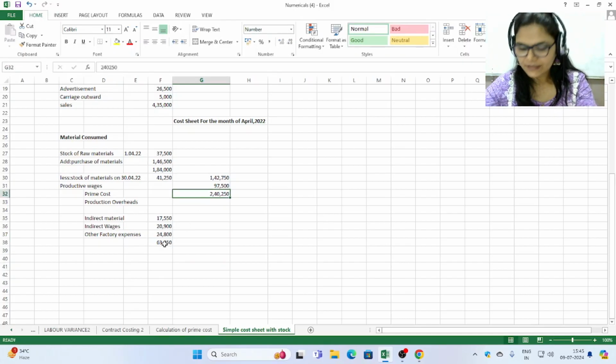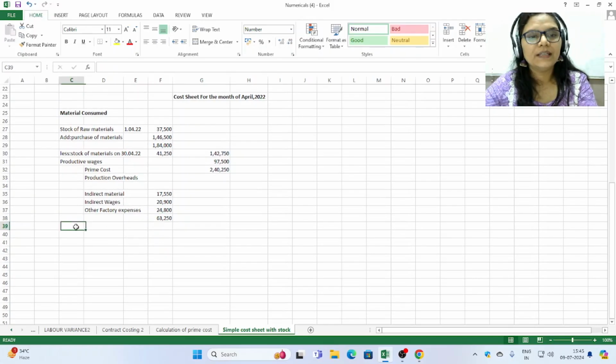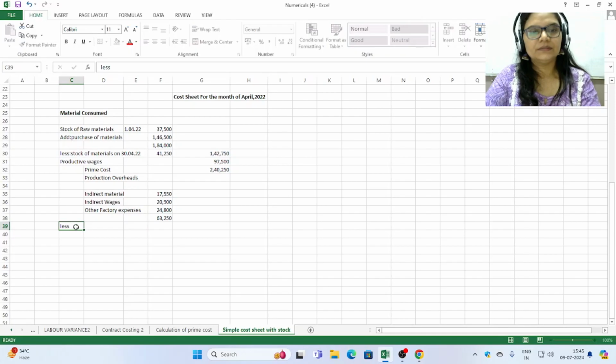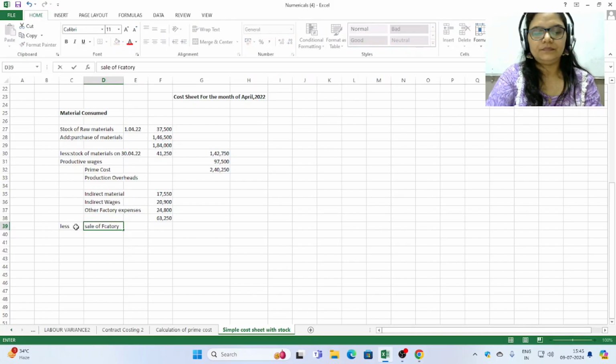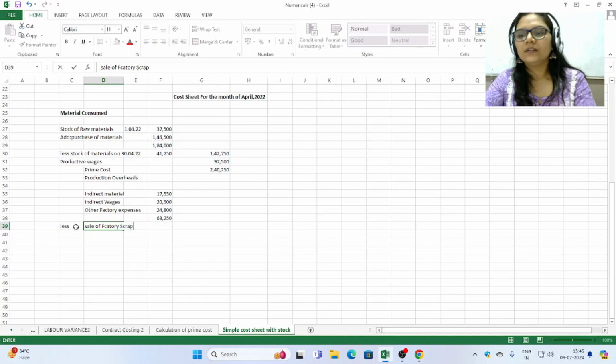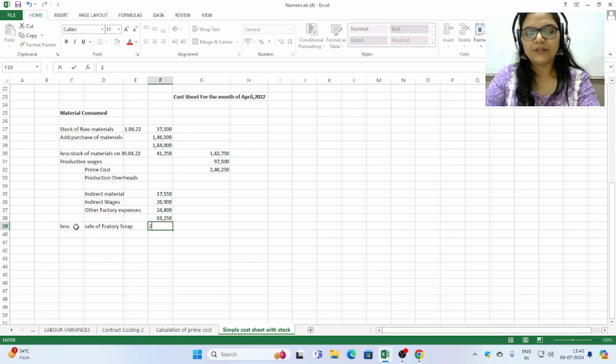Adding 63,250, we will deduct sale of factory scrap. Sale of factory scrap is 2,400.